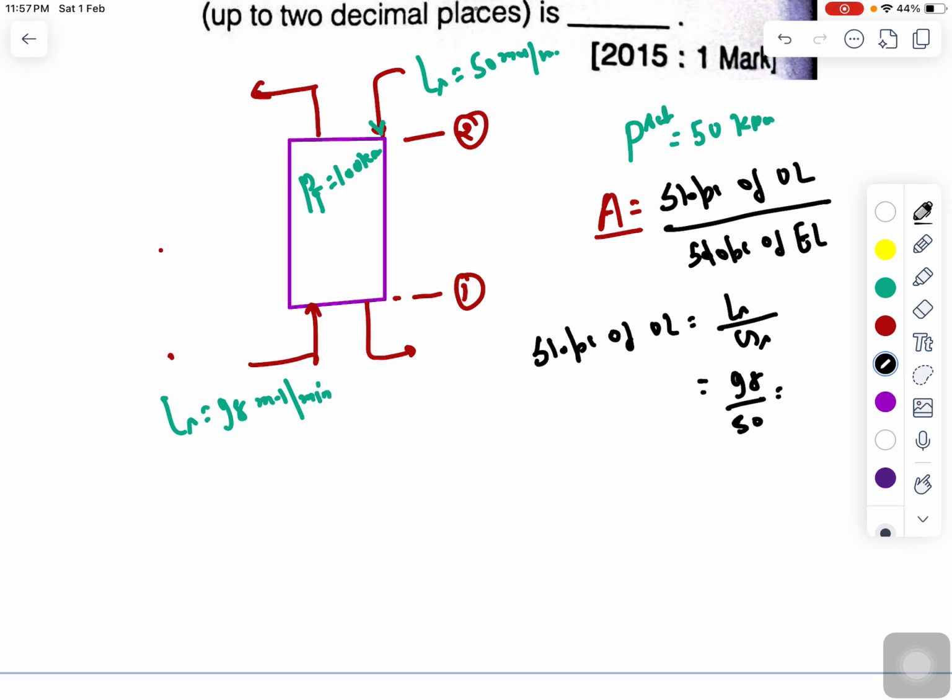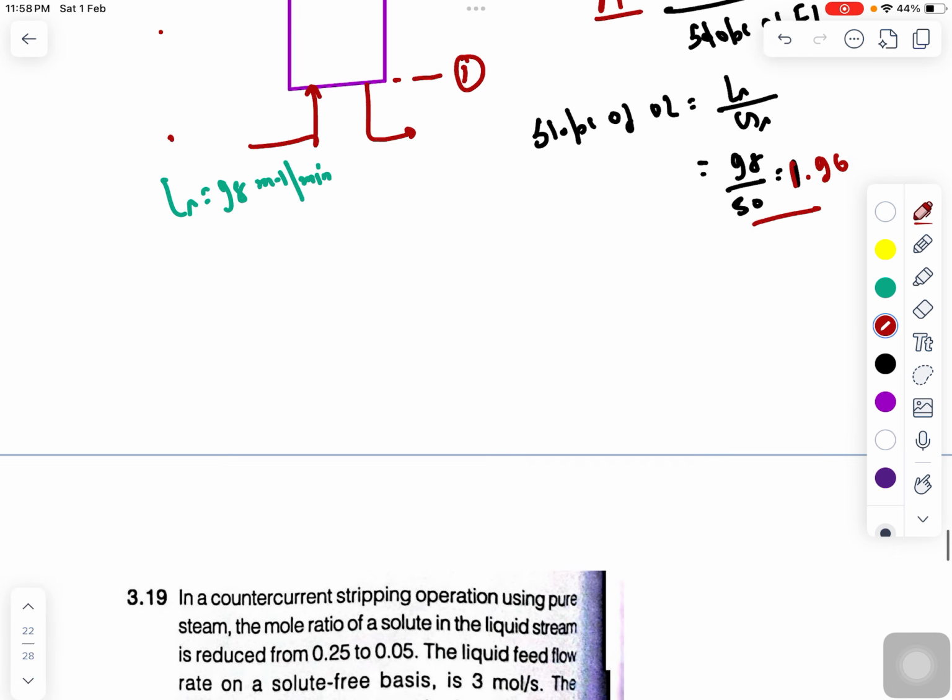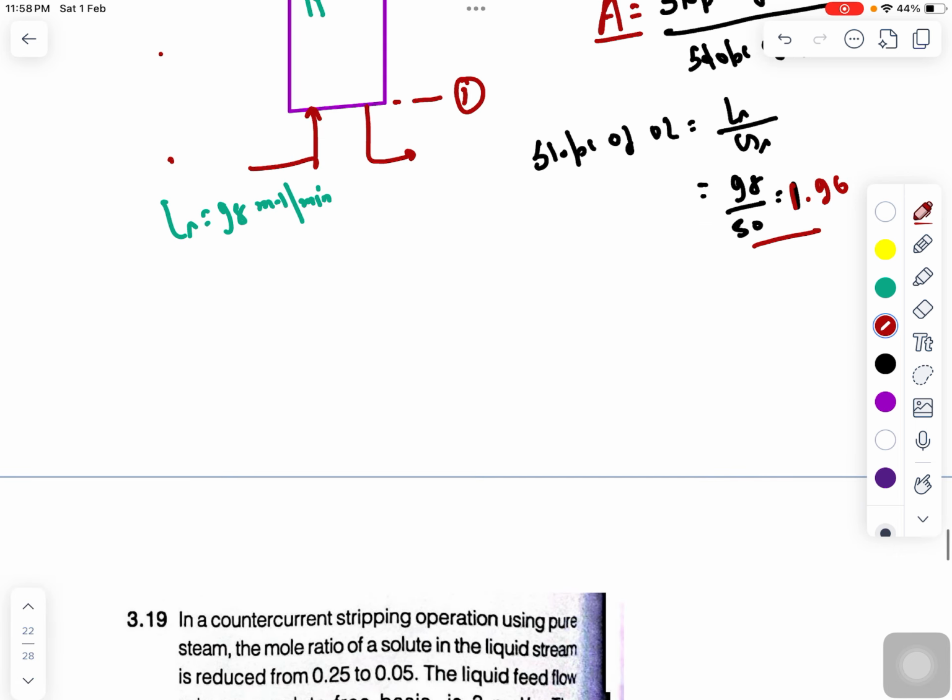So you can calculate, this will be equal to 1.96. Okay, you have calculated the slope of operating line.